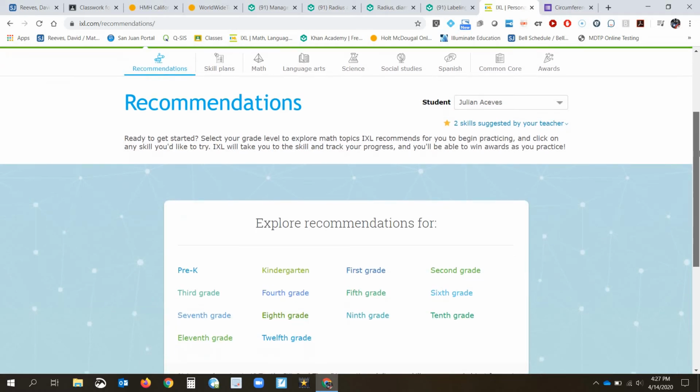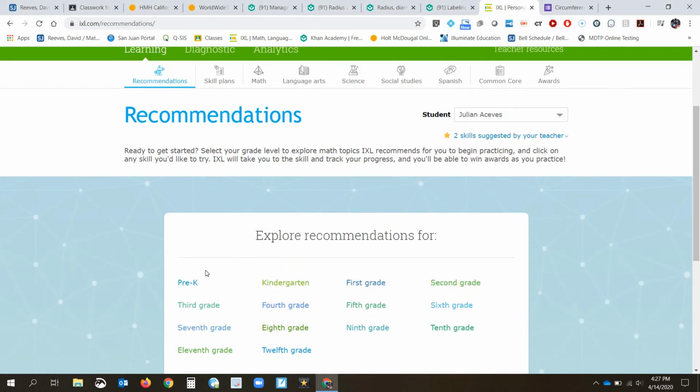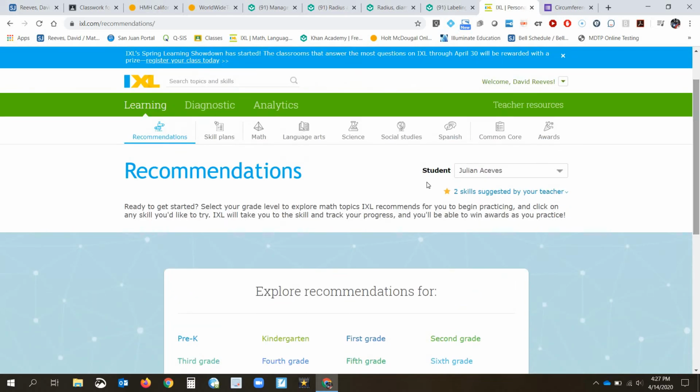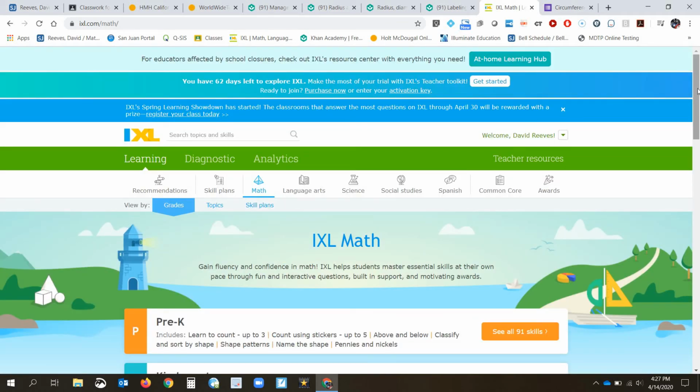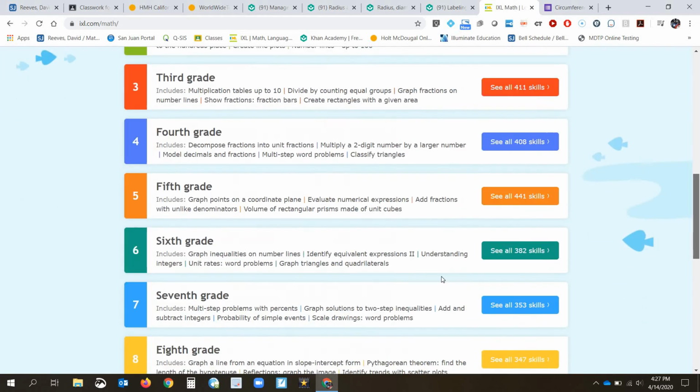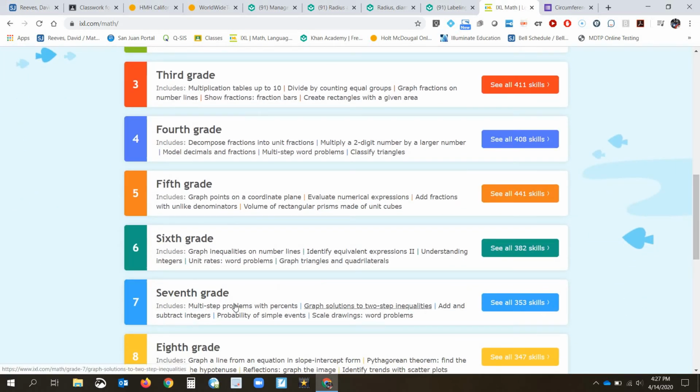He has not yet taken the diagnostic, so he doesn't have those IXL recommendations, but he does have these suggestions that I have made. So when we're actually in the learning, let's go back to 7th grade. I'm going to click on the 7th grade tab.